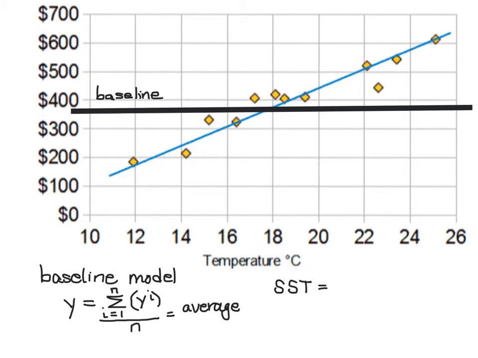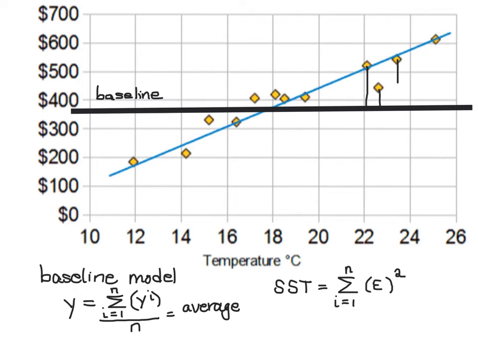SST is equal to the sum of the errors for each observation squared from ith observation 1 to the nth observation, in which we are adding up the distance this time between our data value and the baseline.